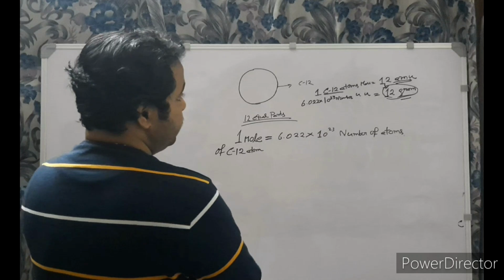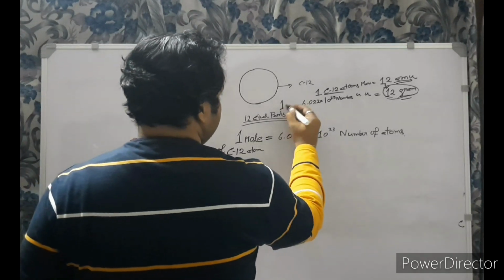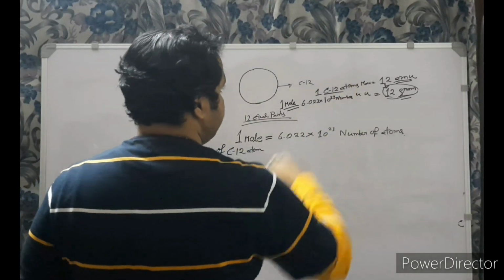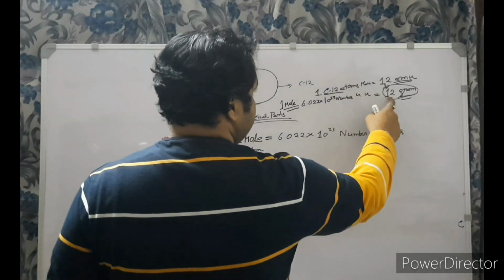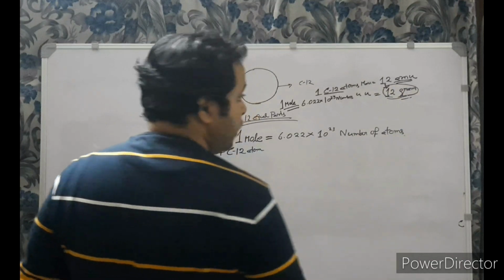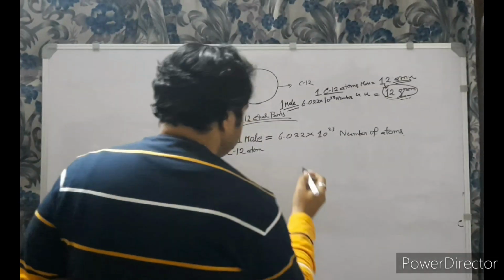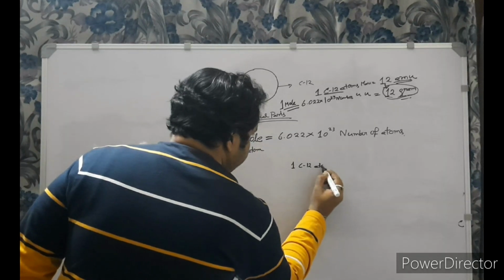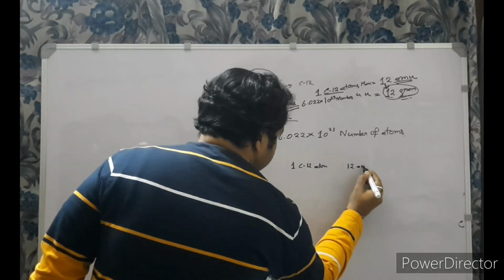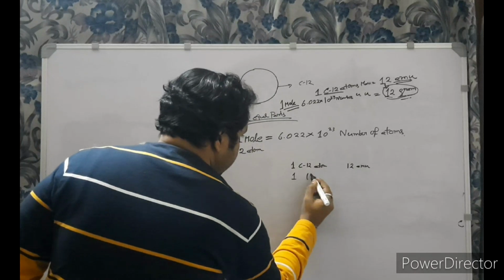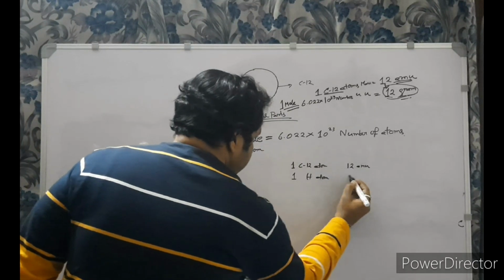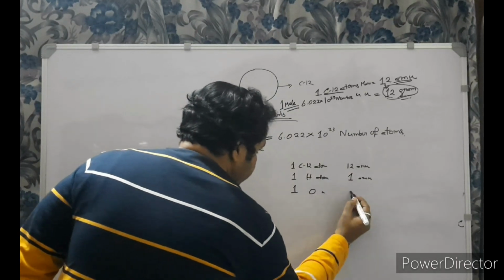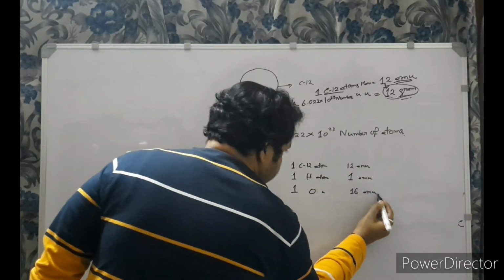They said that 1 mole of this atom will give the similar numerical value in grams, like 1 carbon 12 atom is 12 AMU, 1 hydrogen atom is 1 AMU, 1 oxygen atom is 16 AMU.